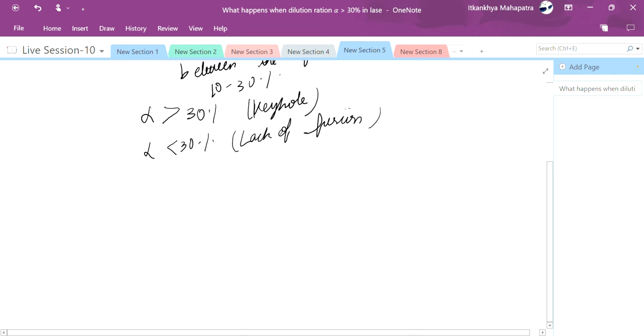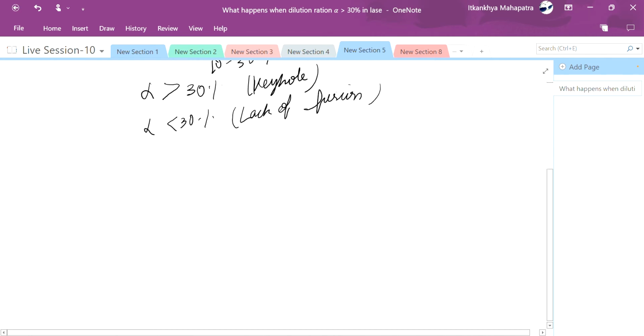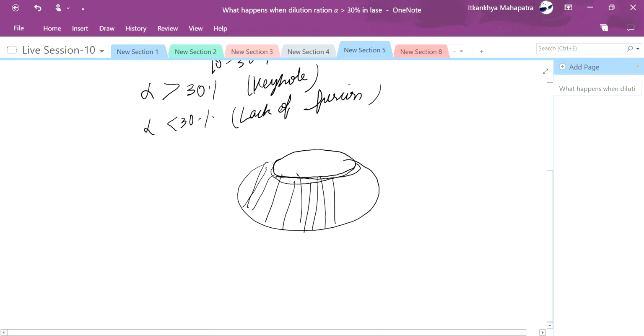Now we'll understand what alpha, beta and delta are. Suppose this is a deposited bead and this is the substrate. This total shaded area is the substrate and this is the deposited bead.